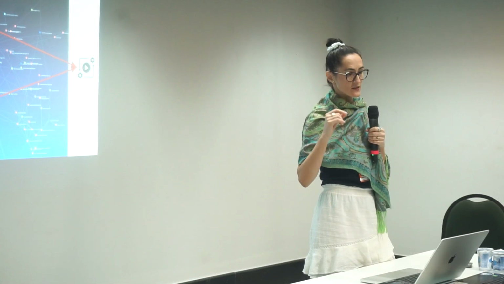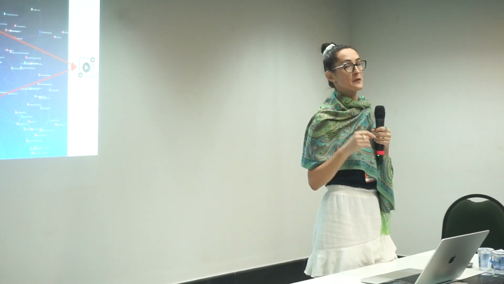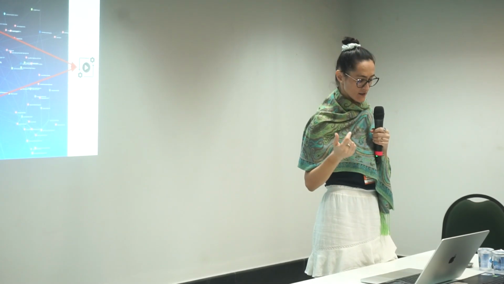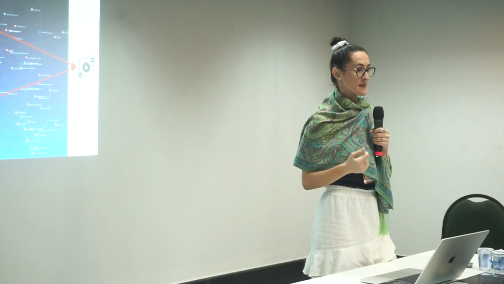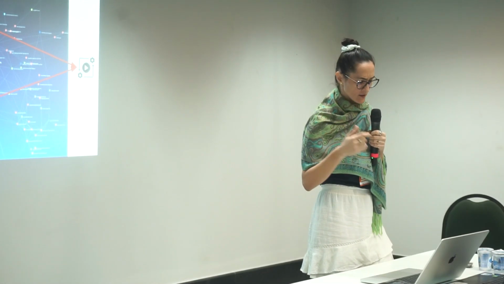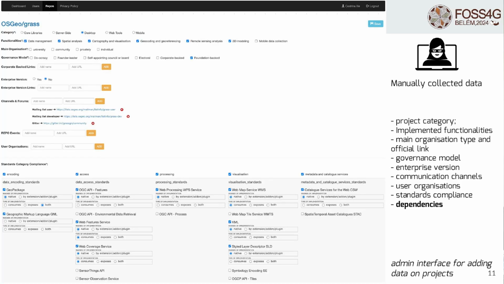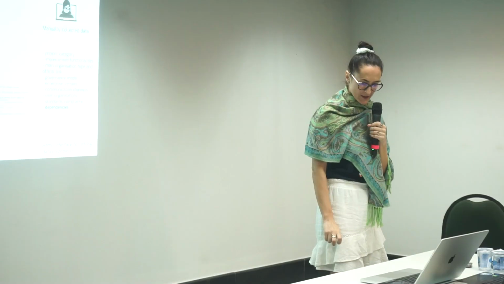And we have defined a series of main functionalities. For example, 3D visualization, cartography, data management, spatial analysis, geocoding and georeferencing. We've tried to put them somehow standardized so we can then search through the entire catalog. We have here the elements that we are manually collecting.